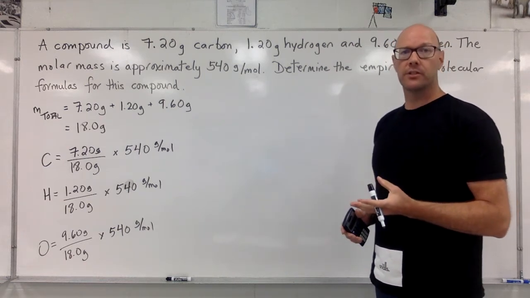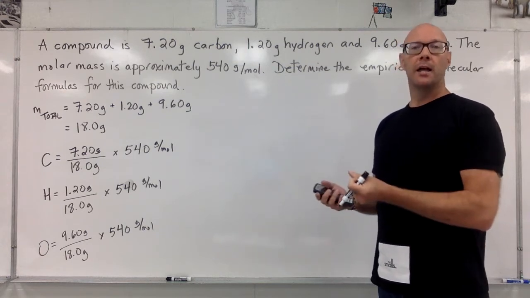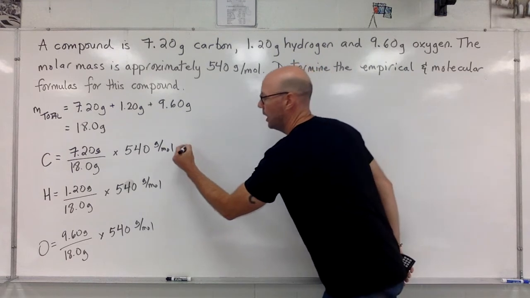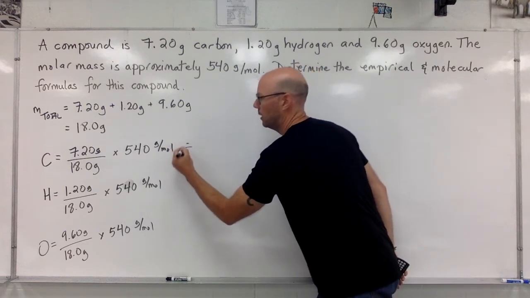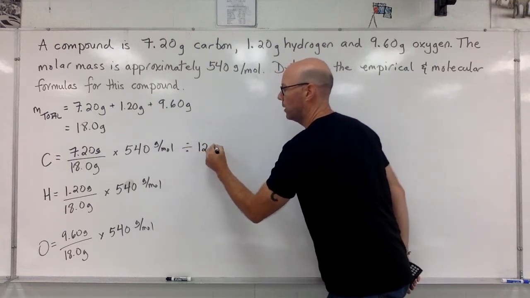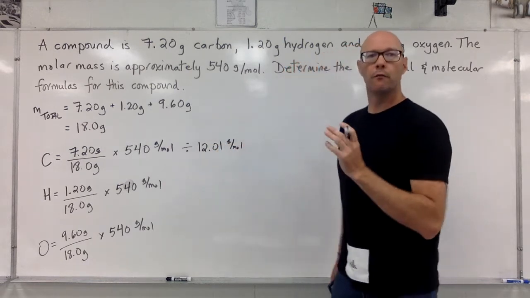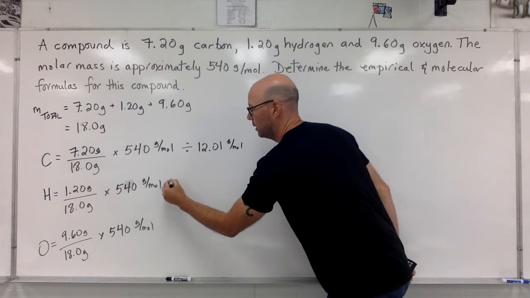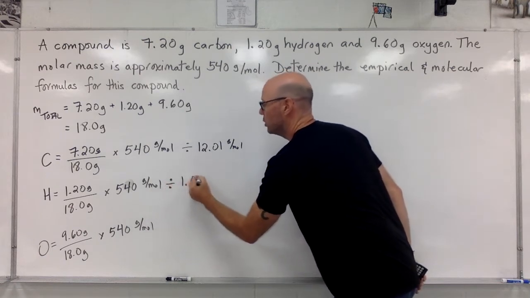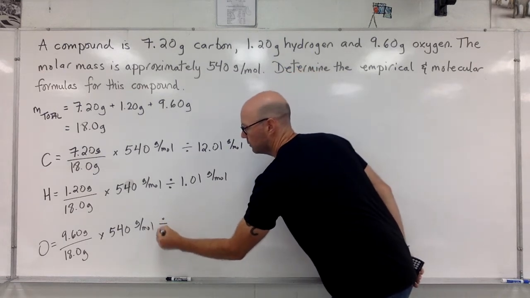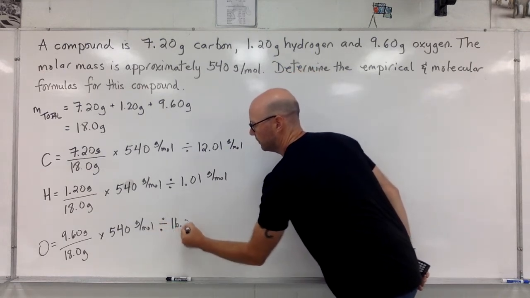The atomic mass is the number that we're going to pull off of the periodic table for each element. Here it's divide by carbon, 12.01 grams per mole. For hydrogen, it's 1.01 grams per mole. For the oxygen, divide by 16.